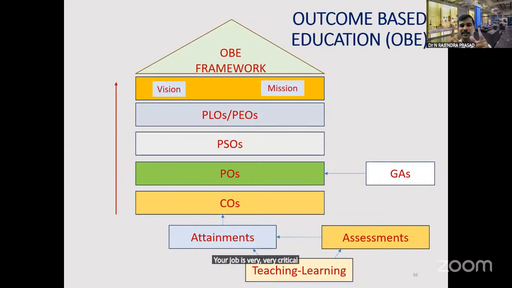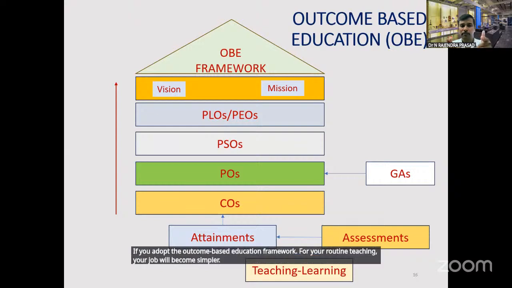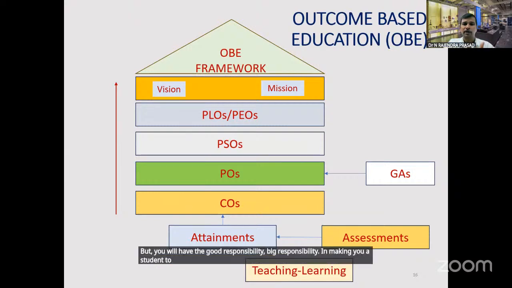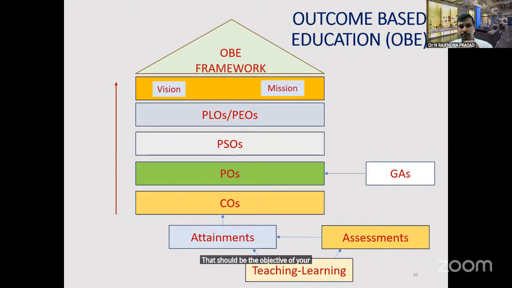Your job is very serious, a very major one. If you adopt the outcome-based education framework for your routine teaching, your job will become simpler. But you will have a big responsibility in making your student globally competent. That should be the objective of your education system.